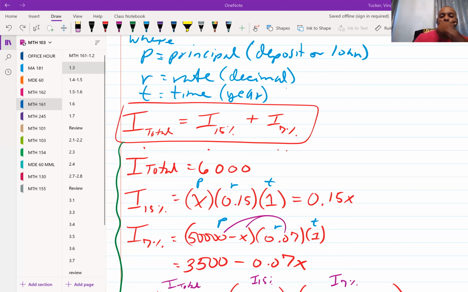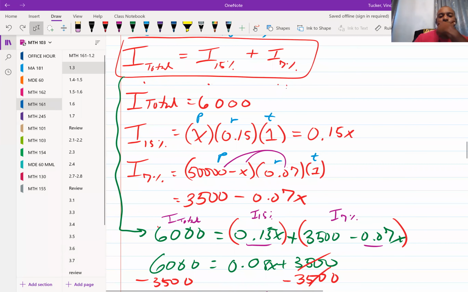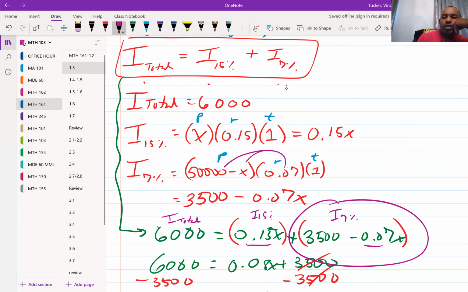All right. So now if we add those together, we have our total, which is 6,000 equals the 0.15x plus the 3,500 minus 0.07x.